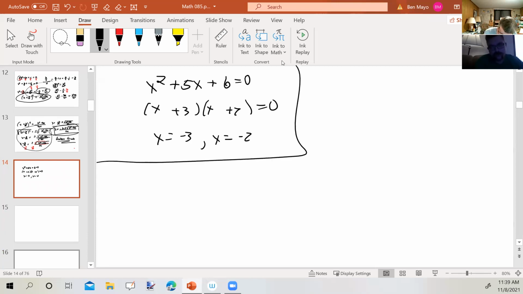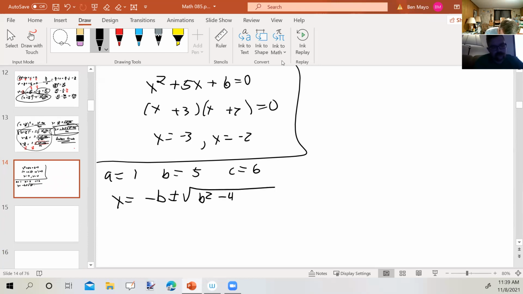Now, let's use the quadratic formula. It still has to be in standard form, ax squared plus bx plus c equals 0. A is 1, b is 5, and c is 6. Kind of like when I used factoring by grouping, okay? So x equals negative b plus or minus the square root of b squared minus 4ac all over 2a.